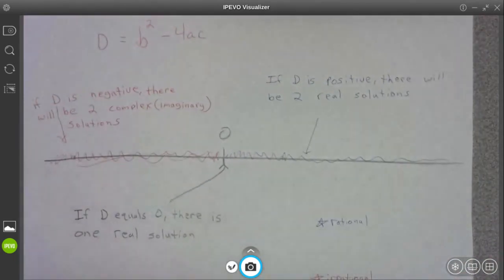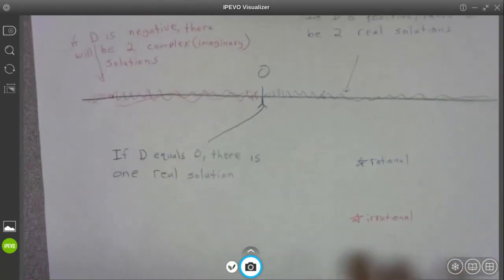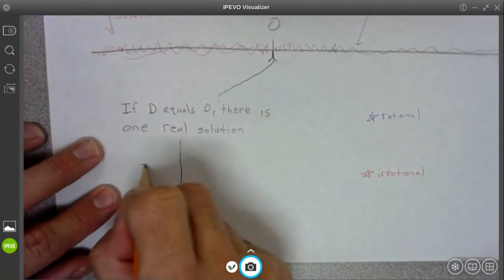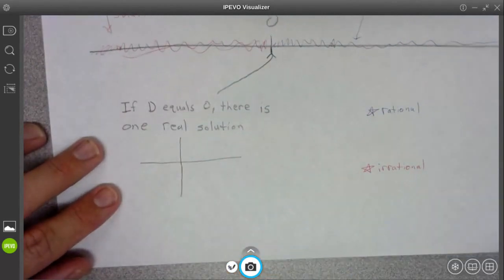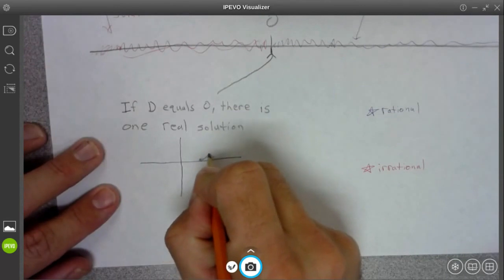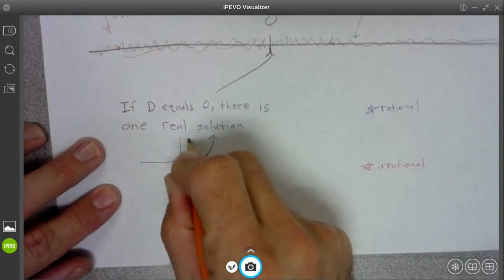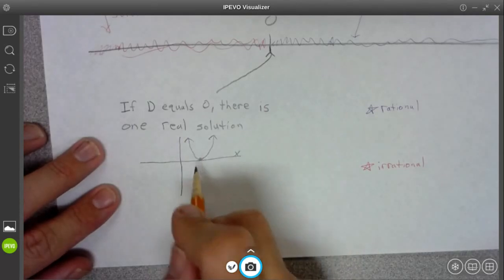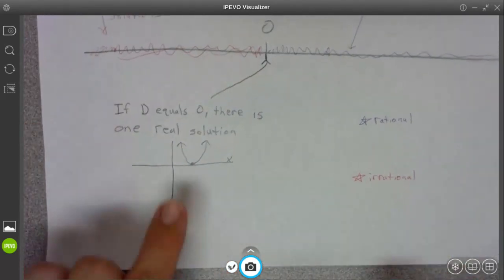Oh yeah, forgot to mention, on the one where it's equal to 0, because there's one real solution, there's only going to be one real root. So those are the ones that kind of look like this, where they're just barely touching the x-axis. They're tangent to it. All right, that's what happens in those.